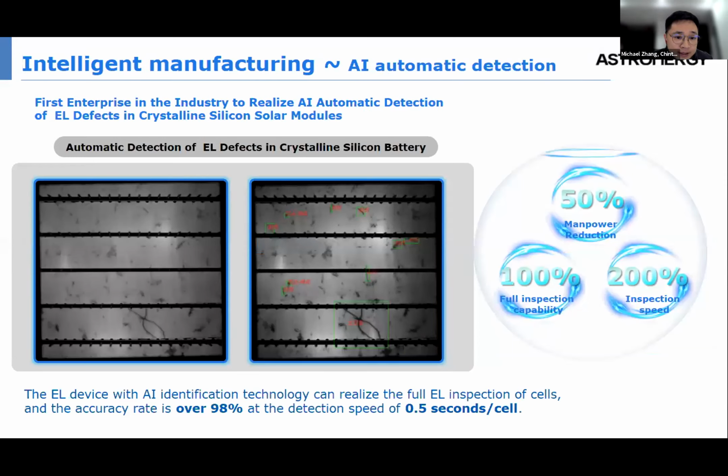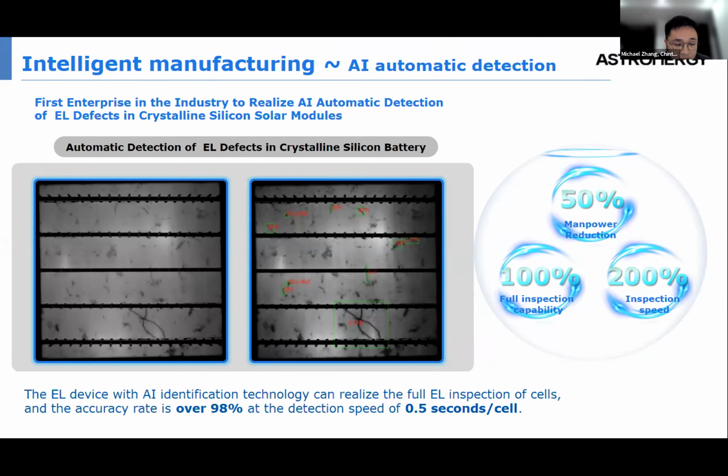This is another feature that I've said. All the cells are tested by artificial intelligence, and we are able to have 50% manpower reduction, 100% full inspection capacity, and 200% inspection speed.